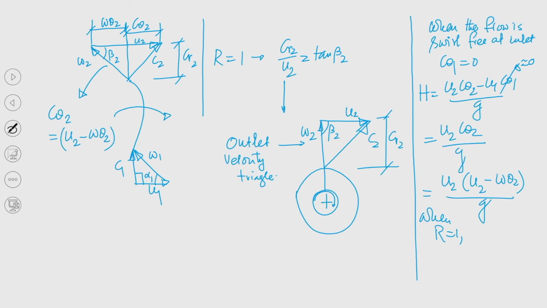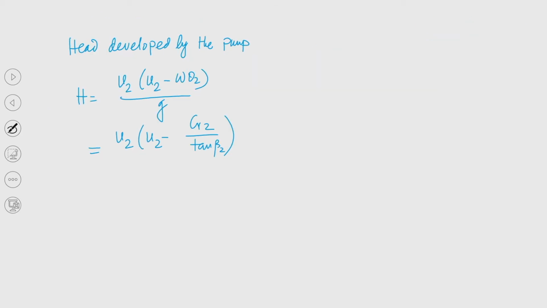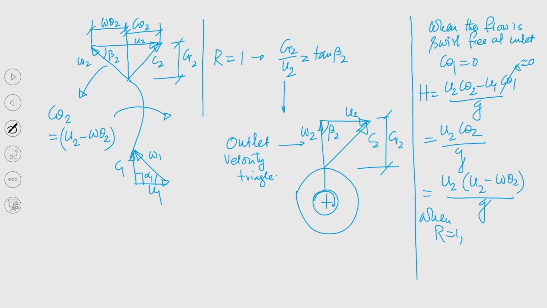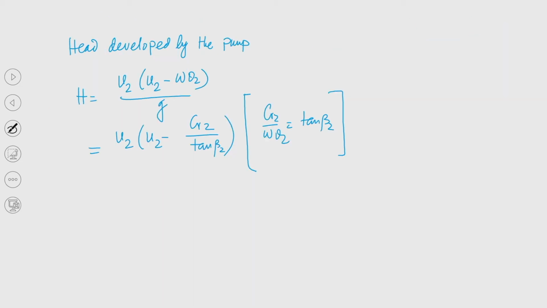So, basically Cr 2 by W theta 2 equal to tan beta 2, right. So, this is, say, figure 1, and this is figure 2. So, this is from figure 1.